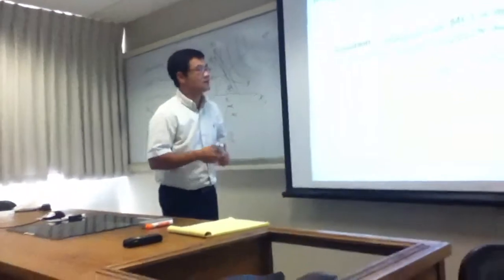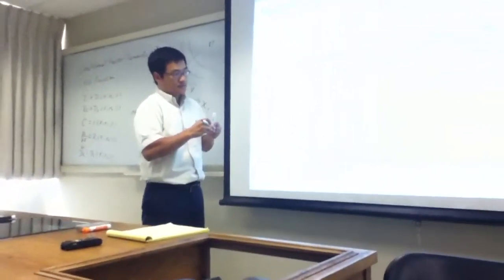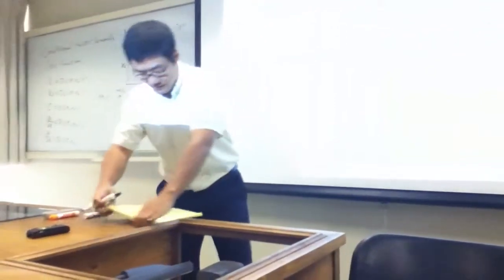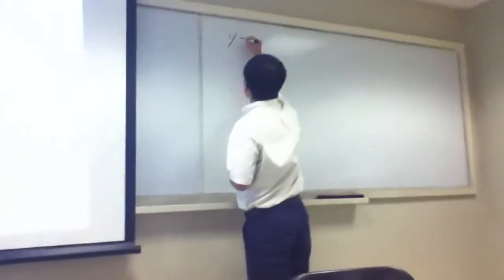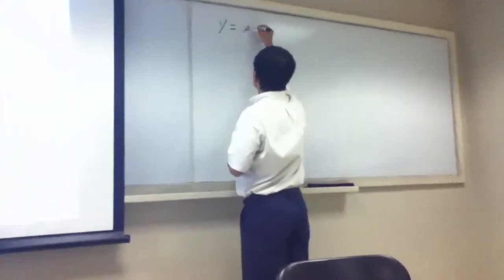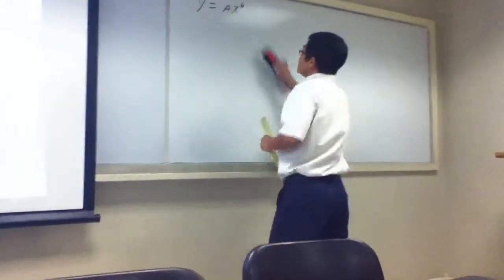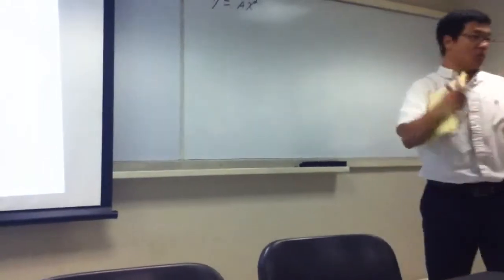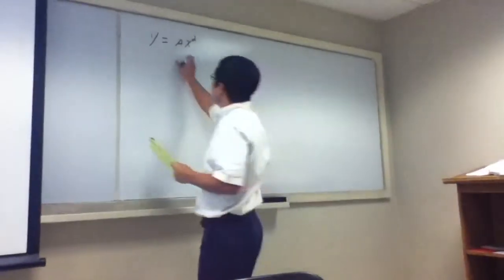Let's use an example. We can assume we have a one variable factor production function, Y is equal to A X to the power alpha. So I have just one variable factor.